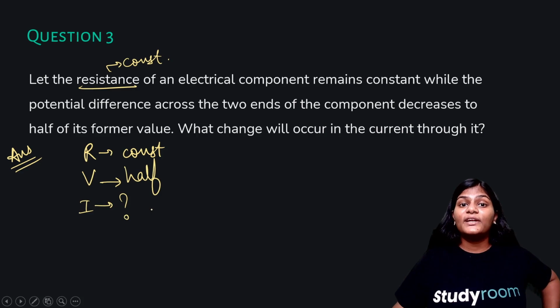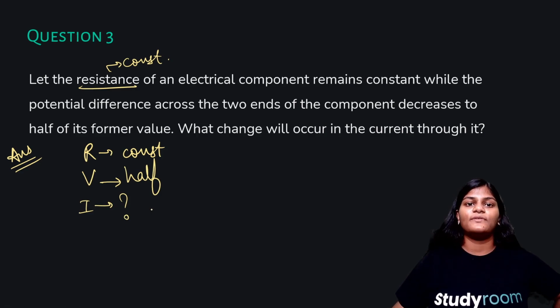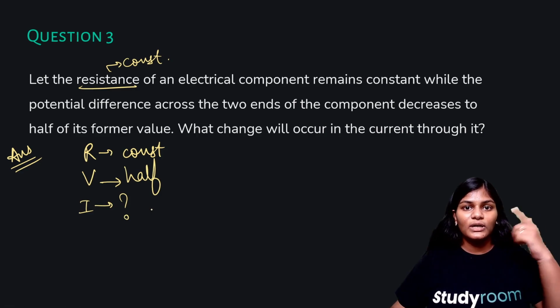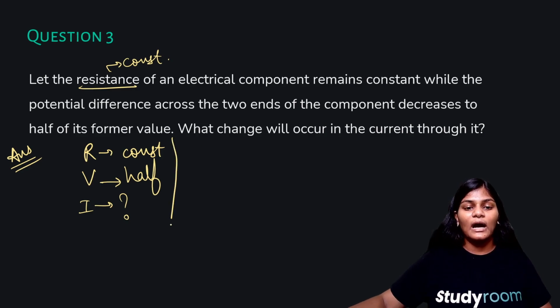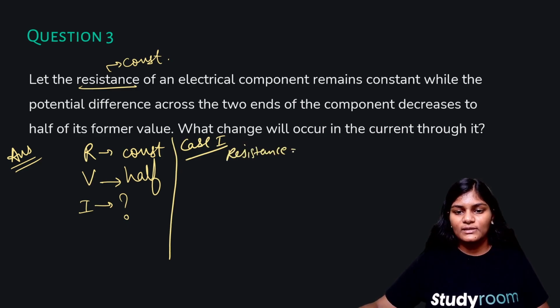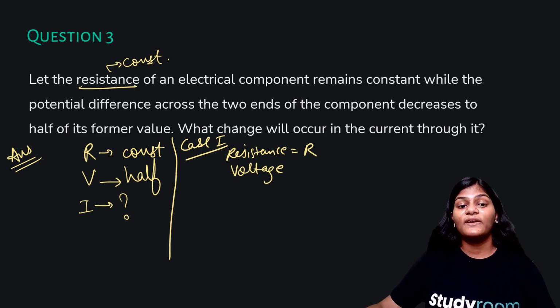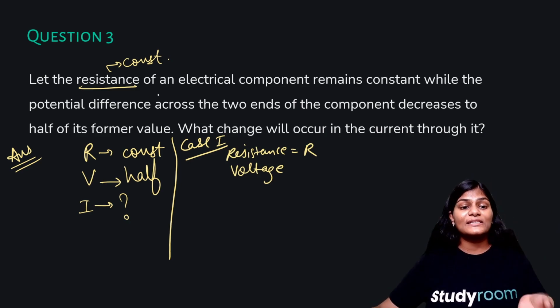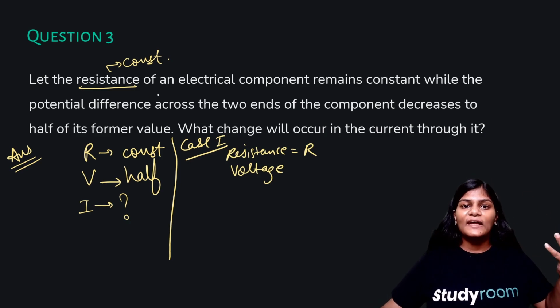So you will find that we can do it almost like we did in the case of the two resistances where we did R and R dash. How? We take case 1. So in case 1, resistance is R. Voltage, in case 1, I am saying when we say that potential difference decreases to half of its former value, right?